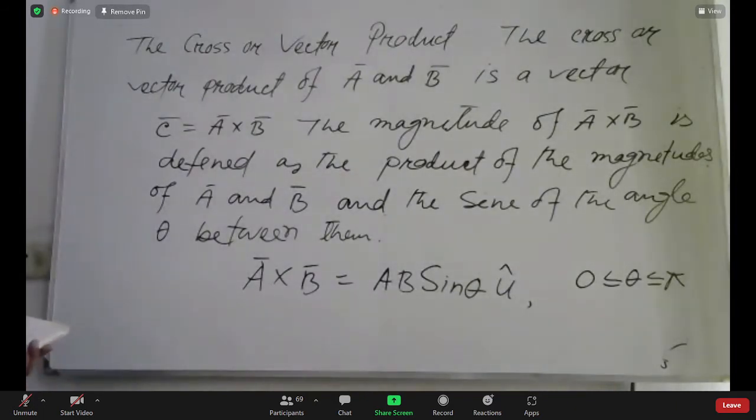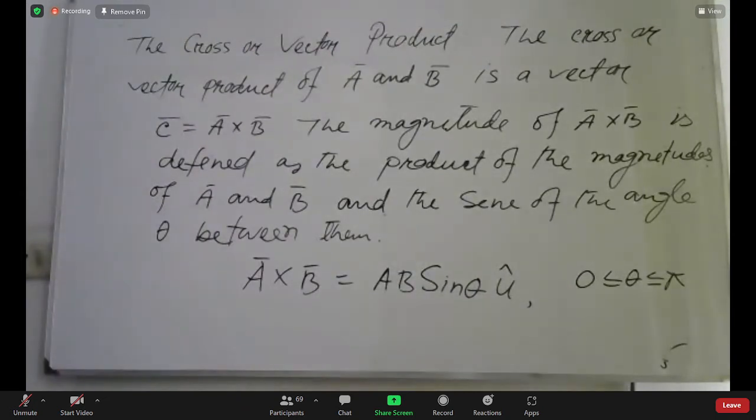Yes. So if A and B are equal, then what happens? Then sin theta is equal to 0, isn't it? If A and B are equal, then the angle between A and B will be what? 0. So that times A cross B will be 0.